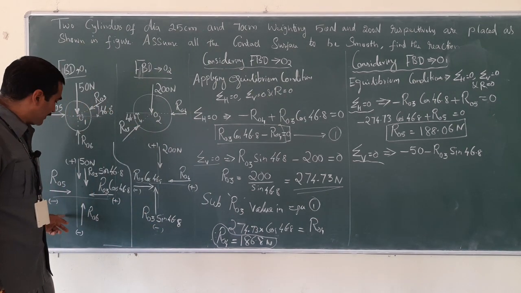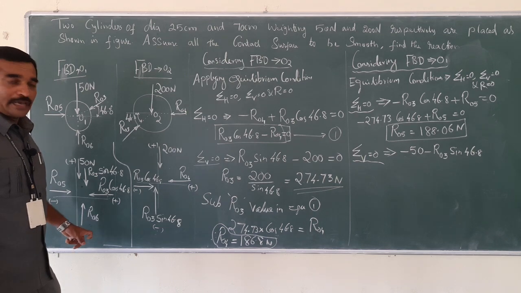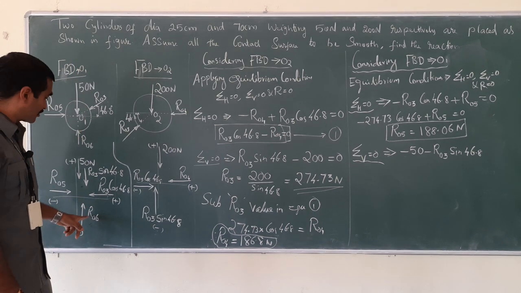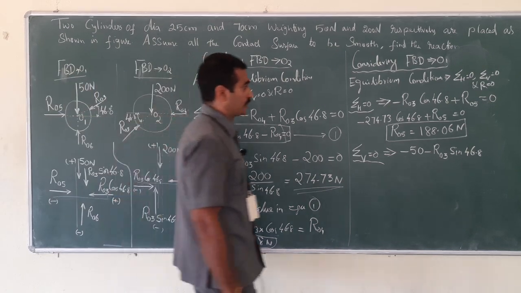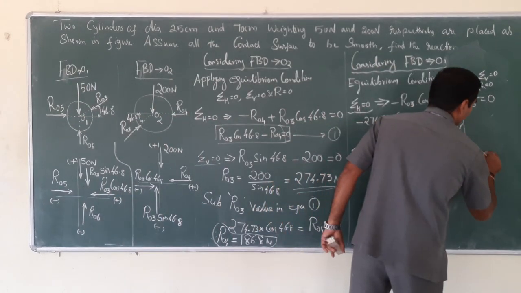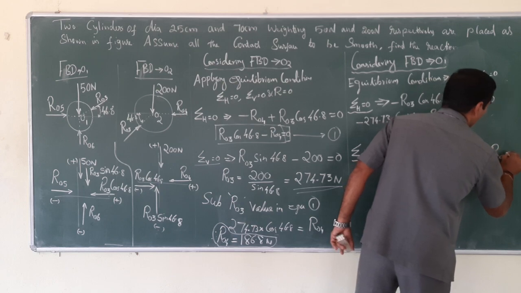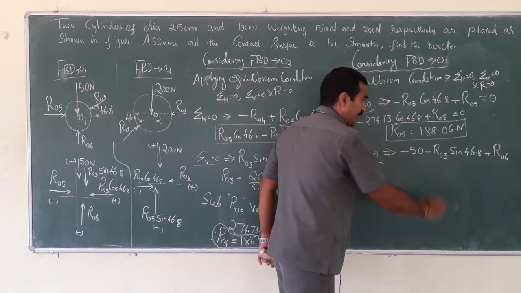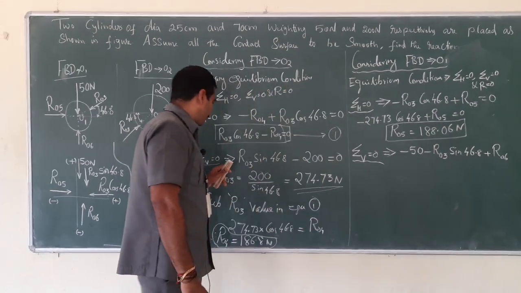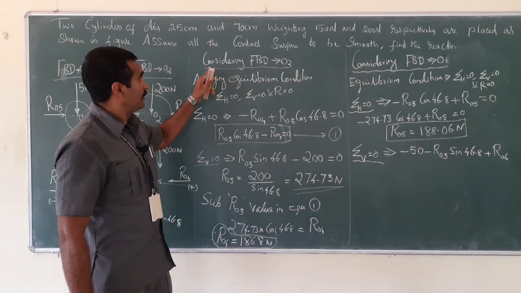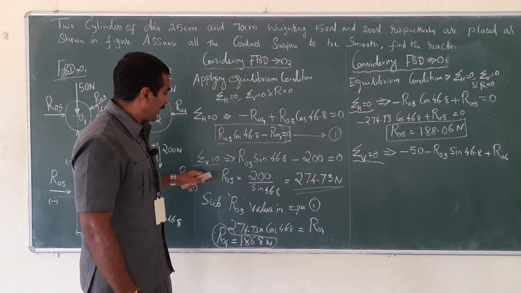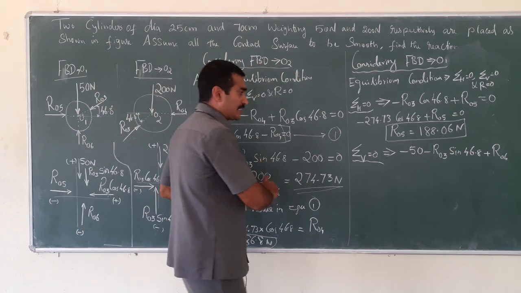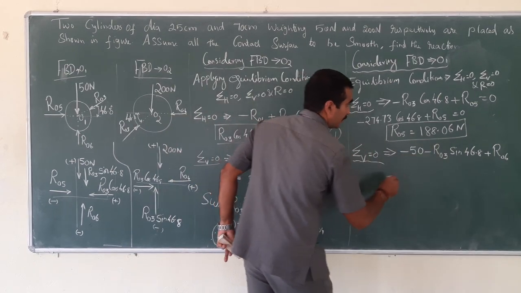Right. Next, in the second quadrant, nothing is there. The third quadrant also has nothing. In the fourth quadrant, I have a force acting towards the positive y direction of magnitude plus RO6. Got it? So the RO3 value is known from FBD2. From there, I found the value of RO3 as 274.73. Just substitute that value here, equal to 0.